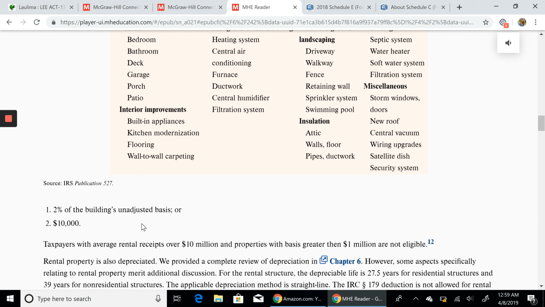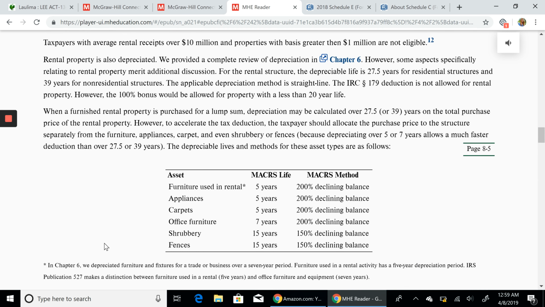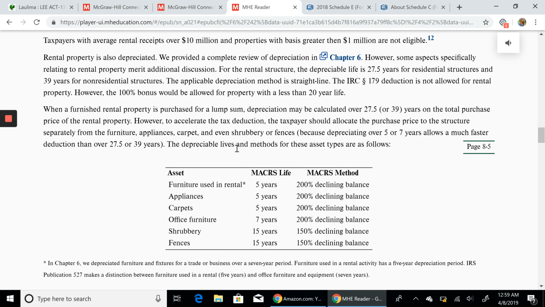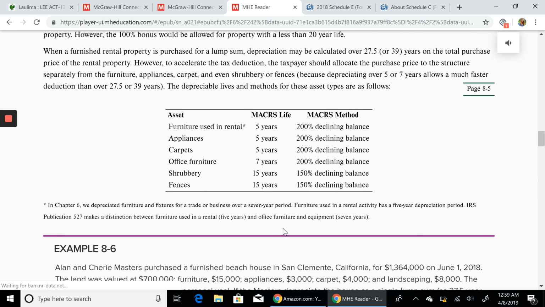So essentially what the building costs, the cost basis, or $10,000. Now, these rules have gotten even more extensive and allowed for much larger amounts. It doesn't seem as though we get into those details in this book because these rules are quite extensive. And you can see these are the depreciation rules for other types of assets.